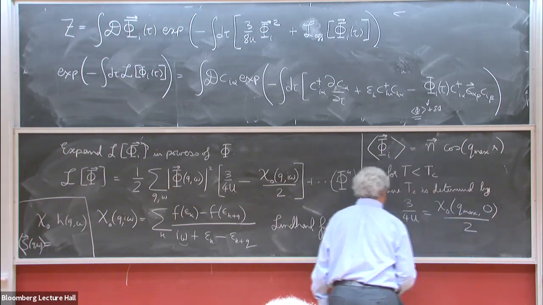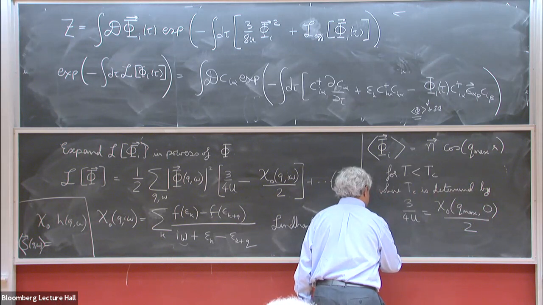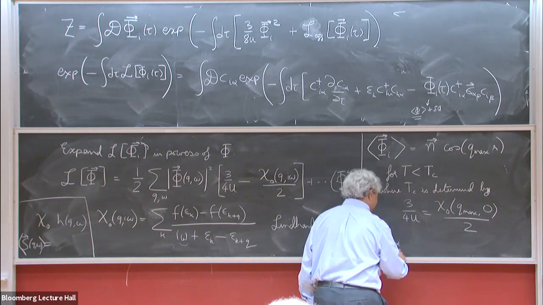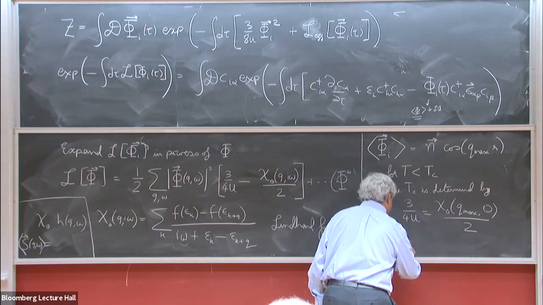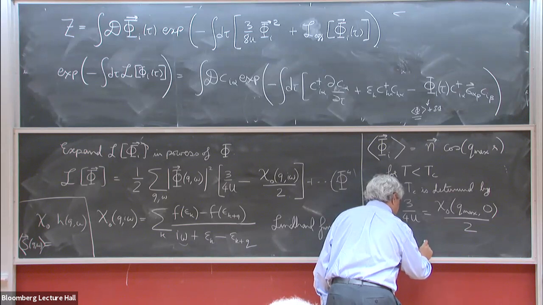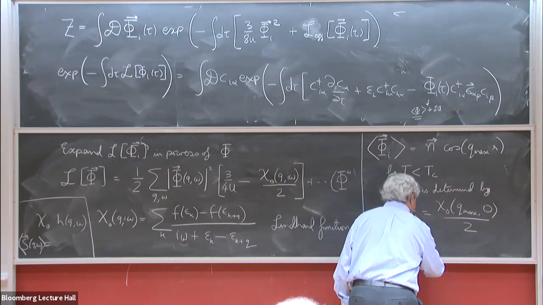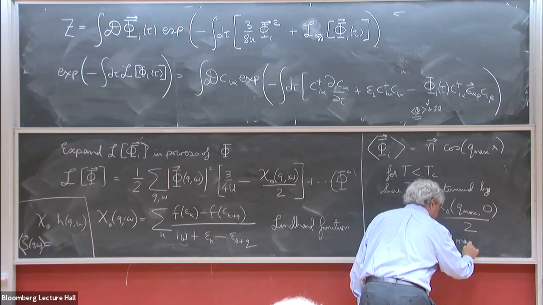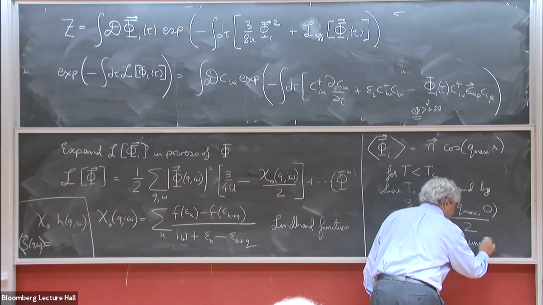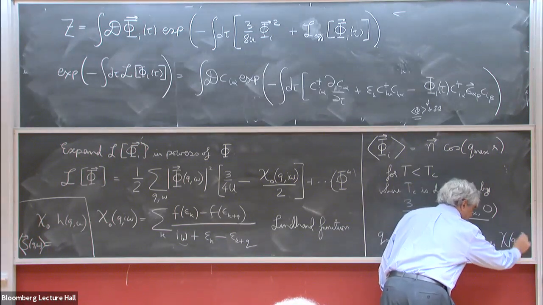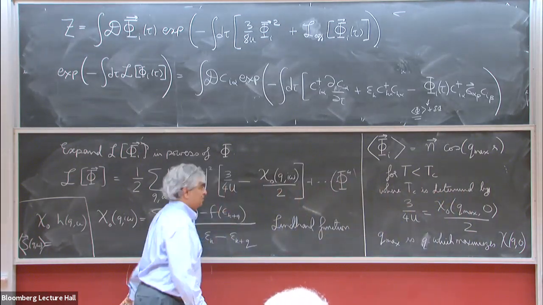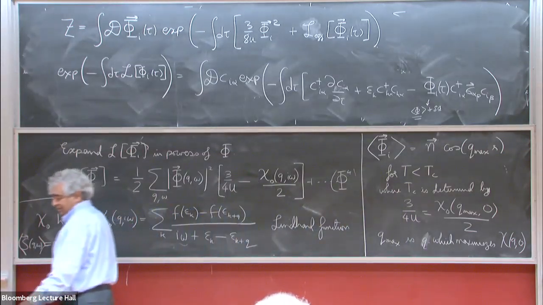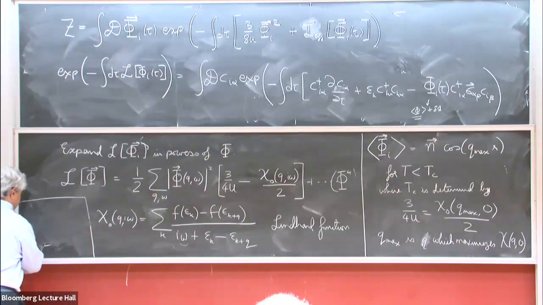And what is Q_max? I don't know how to say this in mathematically elegant notation. Q_max is the point Q which maximizes, at any given temperature, chi of Q and 0. You compute the function chi of Q and 0, it'll be some function of Q in the Brillouin zone, and you look for where it's a maximum.